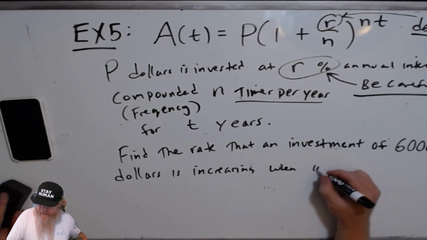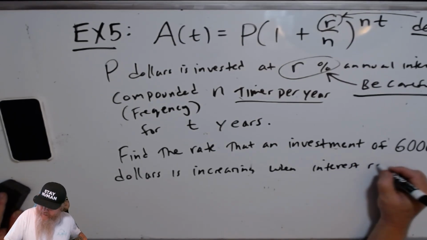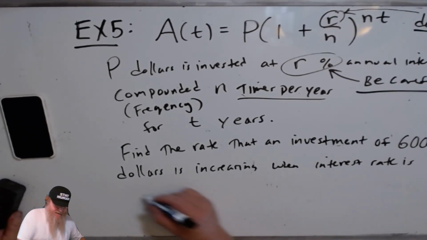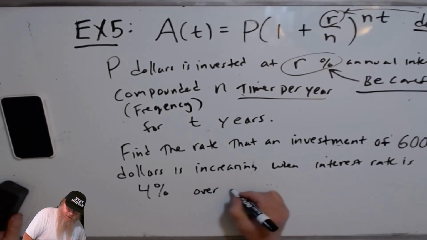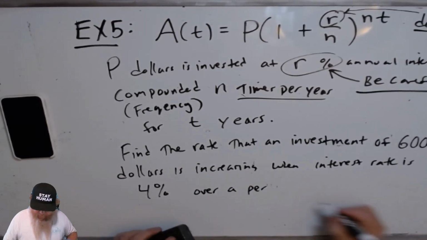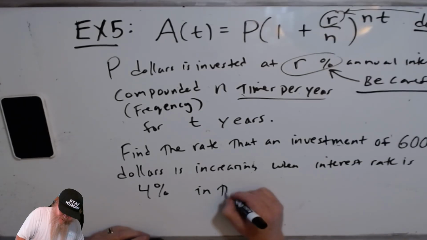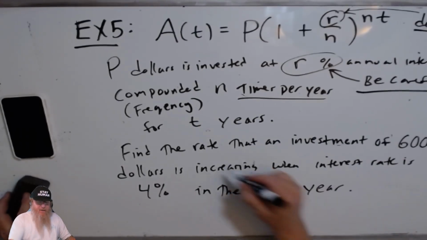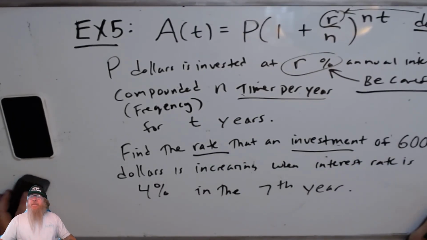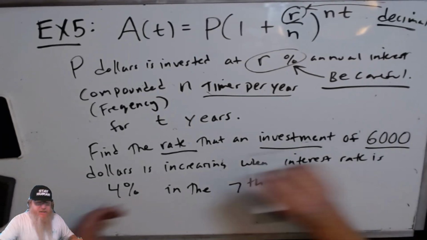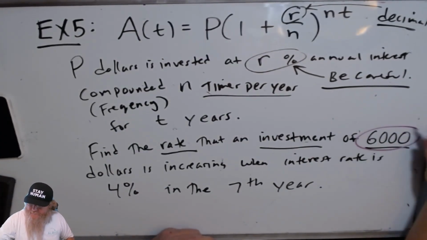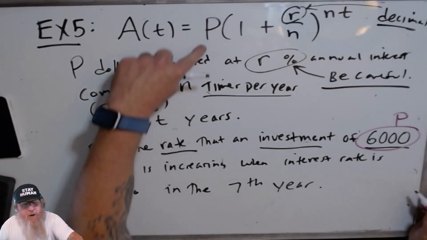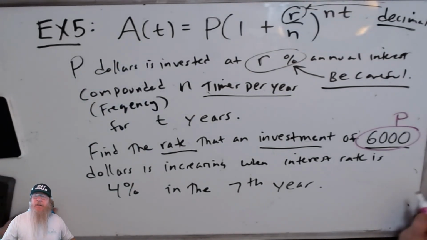When the interest rate is 4% over a period, I would say in the 7th year. All right, so if I was to invest $6,000, that's my principal. It's my P. We're using P again. Not profit, not price, but principal.